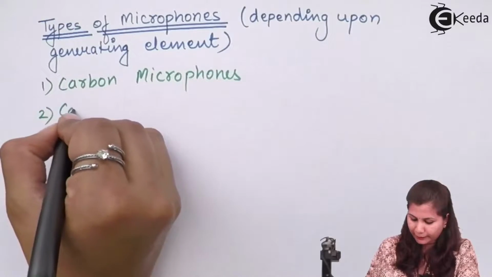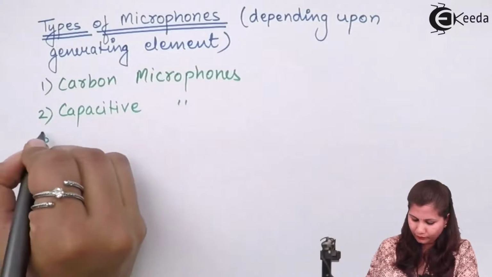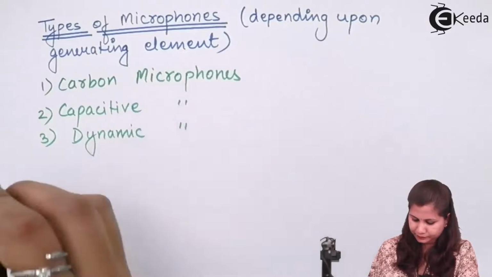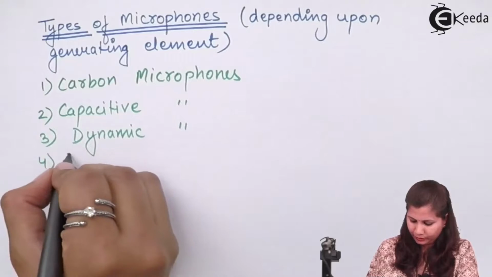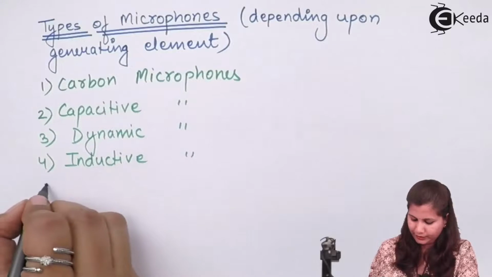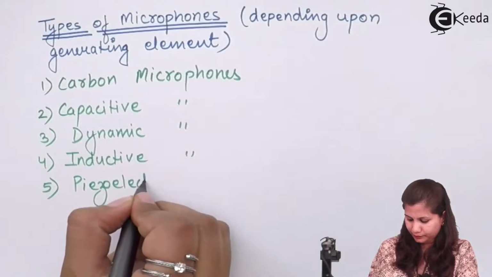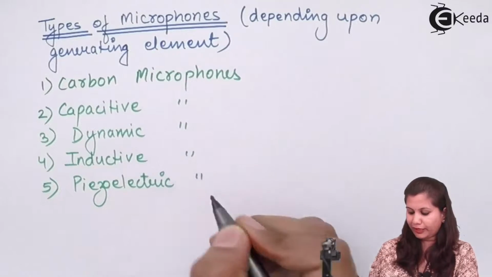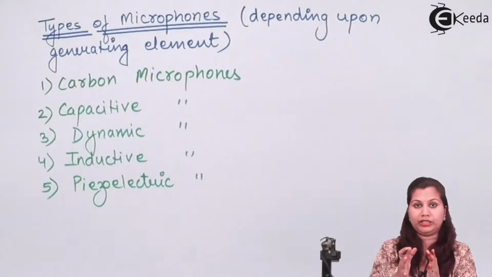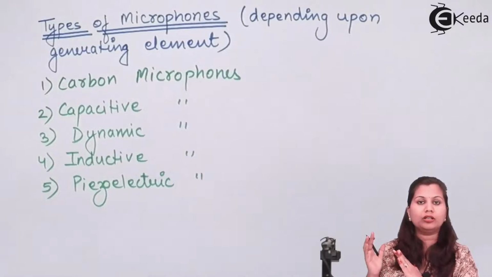Then we have the capacitive microphone, dynamic microphones, inductive microphones, and piezoelectric microphones. So these are the 5 types of microphones depending upon the generating element which is converting the vibrations from the diaphragm into an electrical voltage.